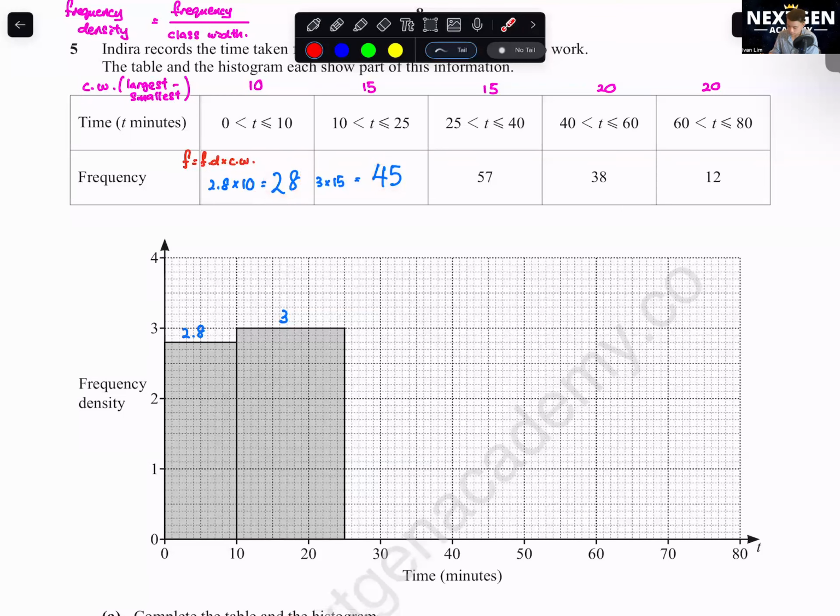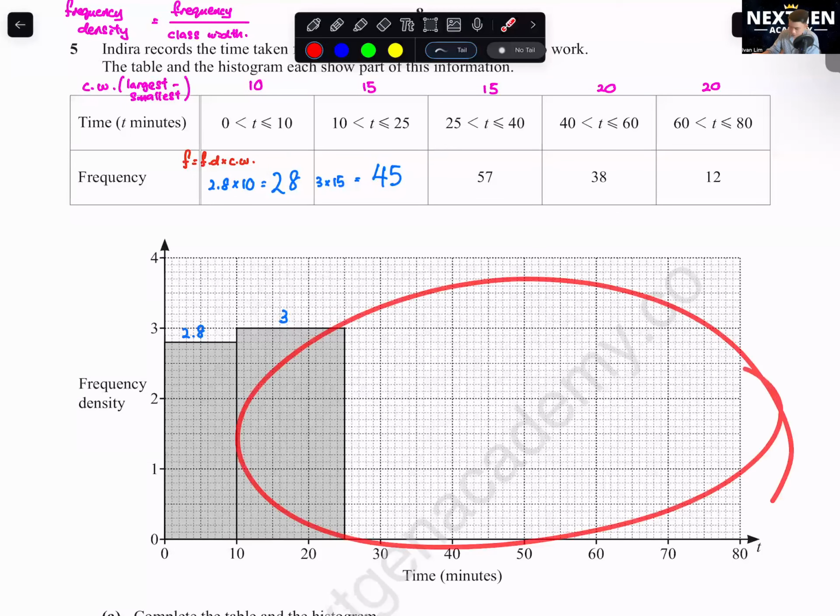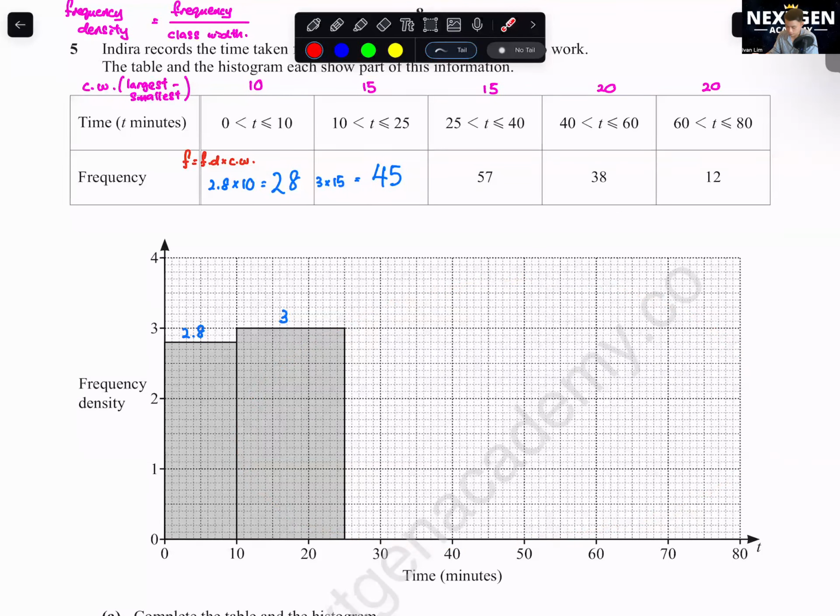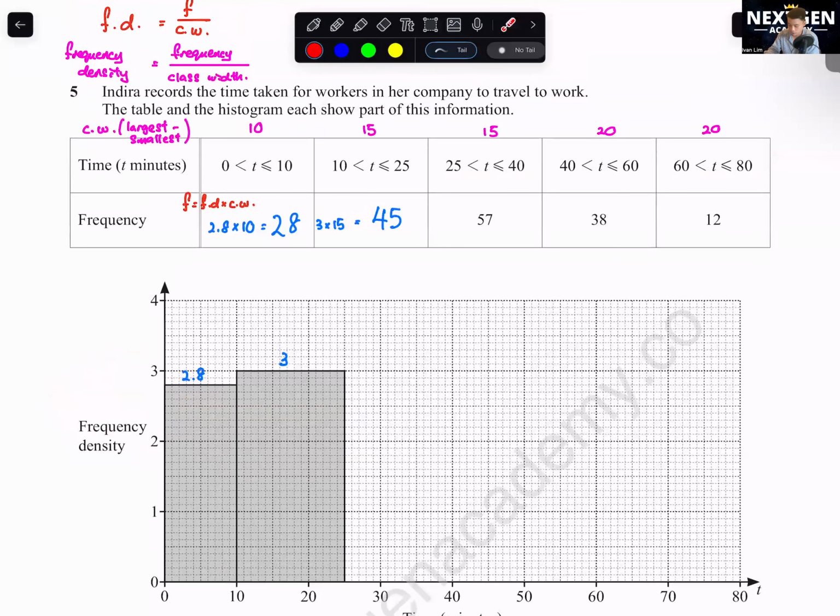First one. Okay, how can I complete the graph here? The histogram here. So this is a frequency density. It's a histogram, so the label you need to calculate is your frequency density.